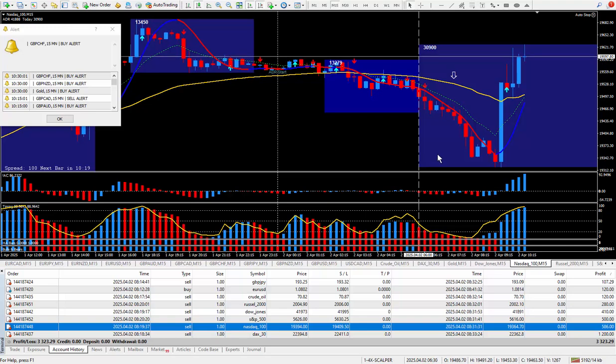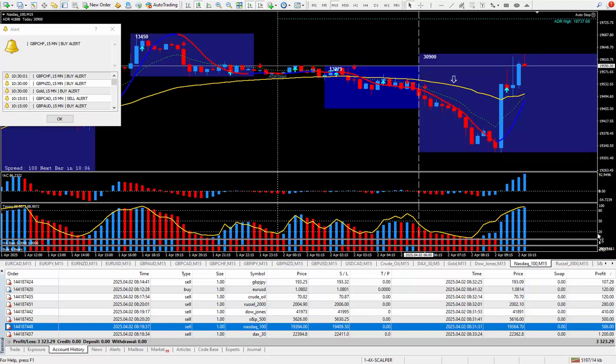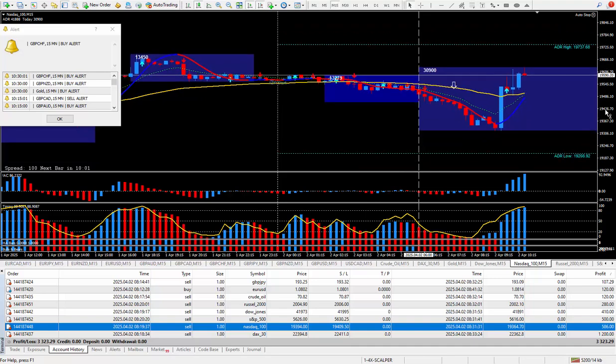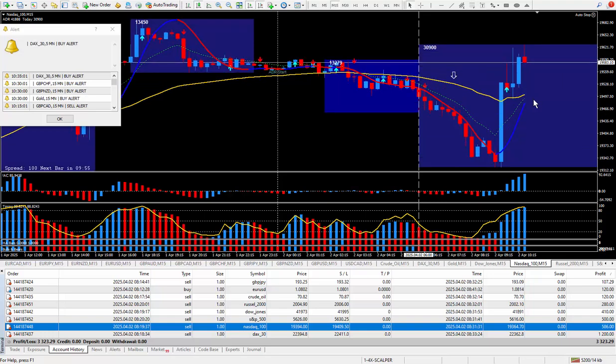A lot of ticks, in other words, like within the box here as an example, from the top to the bottom, 309 ticks. Did not hit the ADR yet, which is right there. ADR high, ADR low. And it's only 10:35 in the morning, so the market can still reach either the high or the low.